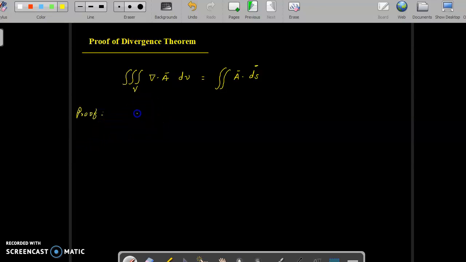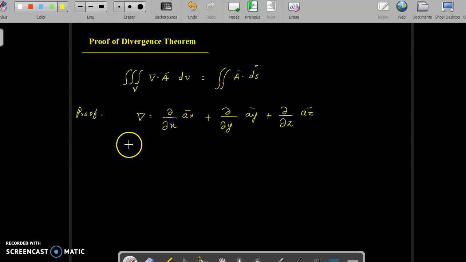So we know that the del operator is d by dx of ax, d by dy of ay, partial derivative with respect to z and the unit vector az.